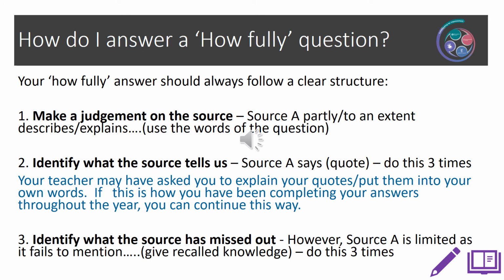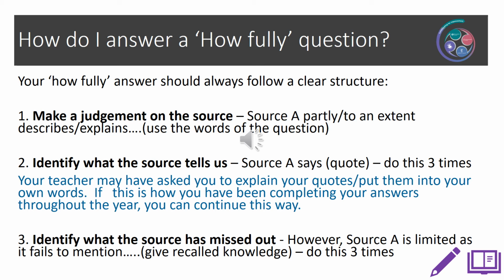So now we're going to look at the structure for dealing with a how fully question. Now, no matter whether it's a how fully describe or a how fully explain, you approach it in the exact same way. And it really needs a very clear structure. So the first step in a how fully answer is to make a judgment on the source. And I've given you an example on the screen of how you could do that.